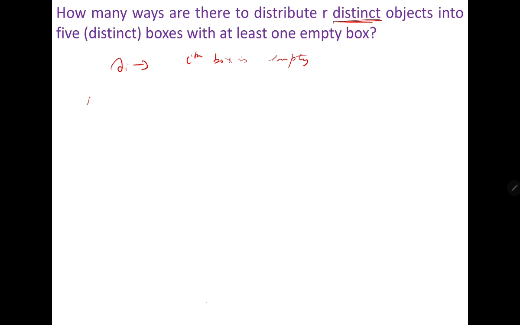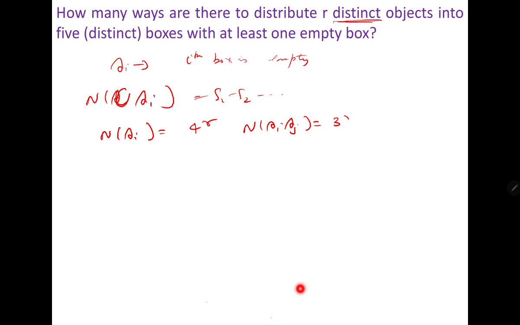At least one empty box means I am looking for the union of all ai, which is s1 minus s2 and so on. Now if I talk of n of ai, it means the ith box is empty. It means I have to distribute r distinct objects into 4 boxes. It can be done in 4 raised to the power r ways.